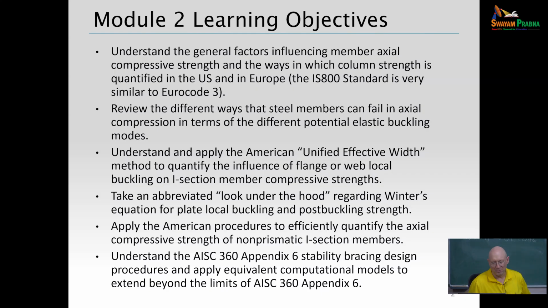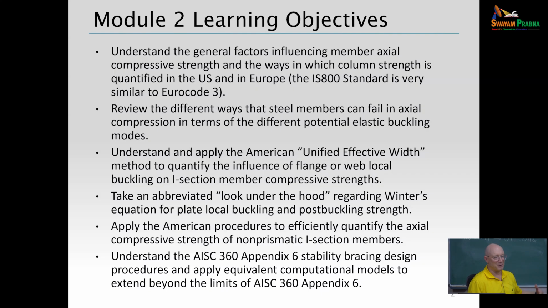I'd like to review different ways that steel members can fail in axial compression. So we'll do that by looking at different potential elastic buckling modes. If I'm picking up on everything correctly, this is something where I think Eurocode often stays silent and says, look, you've been to school, so you know how to calculate the elastic buckling load, go do it.